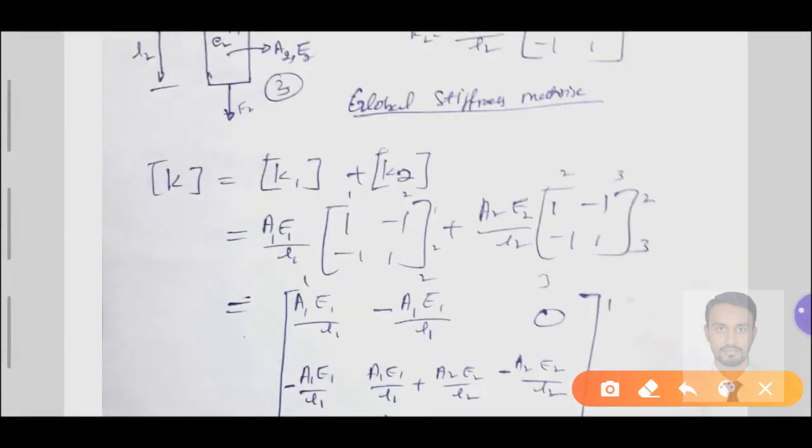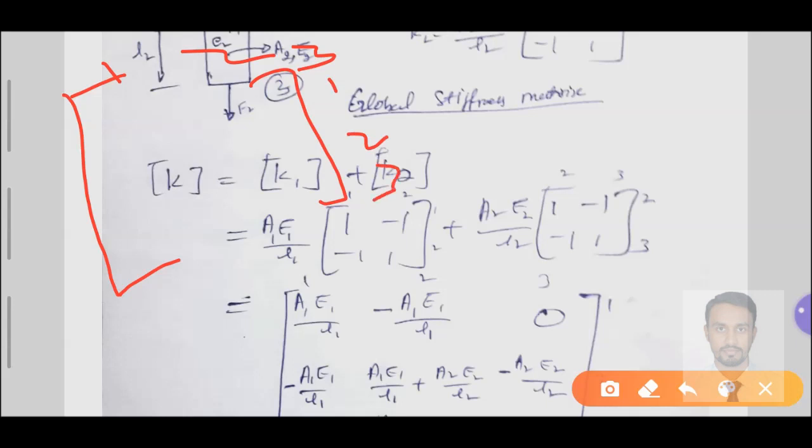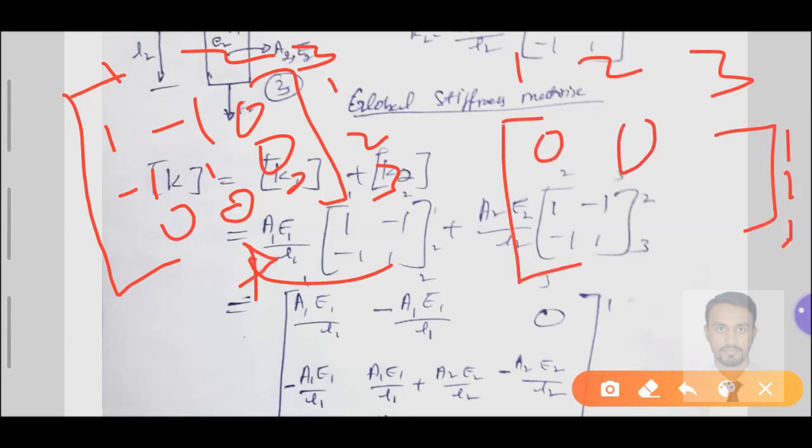Another method I'll explain. So we have 1 2 3, 1 2 3, so 1 minus 1 0, minus 1 1 0, 0 0 0 for the first one, and then second row first column we don't have, 0 1 minus 1, third row first column we don't have, minus 1 1.